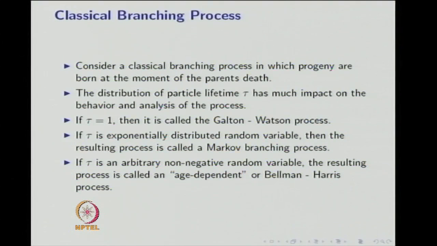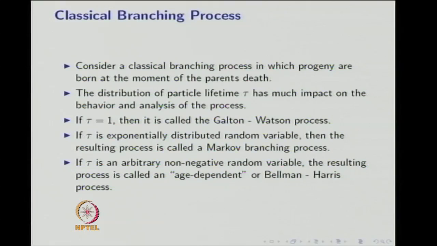If tau is equal to 1, then it is called a Galton-Watson process. If tau is an exponentially distributed random variable, then the resulting process is called a Markov branching process. In this module, we are going to discuss in detail Galton-Watson process and Markov branching process.